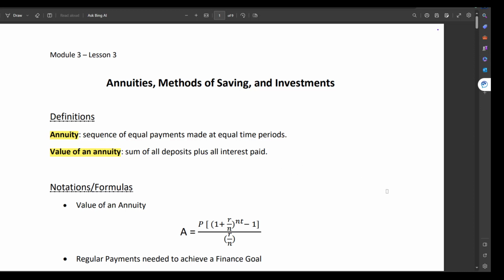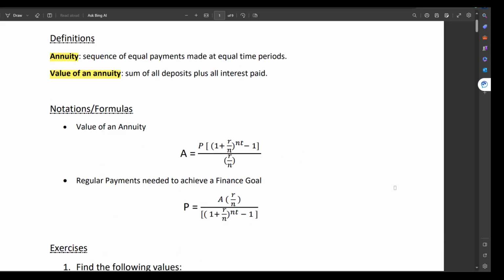We have talked about future value previously. This is very similar to that, but instead of putting a lump sum or the principal amount into the account, we are making payments into an account.